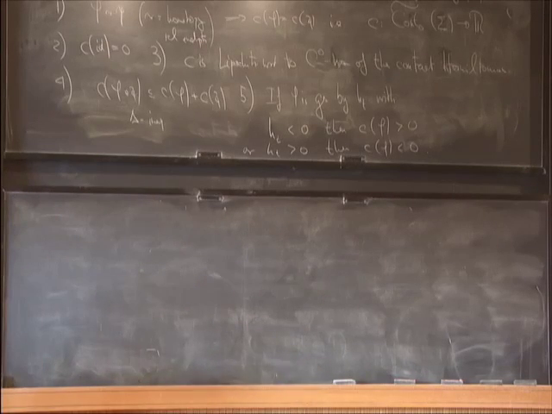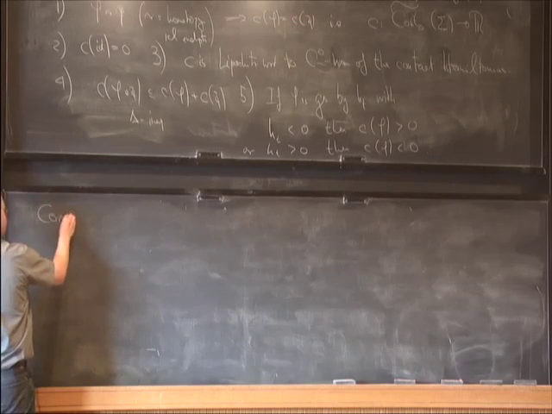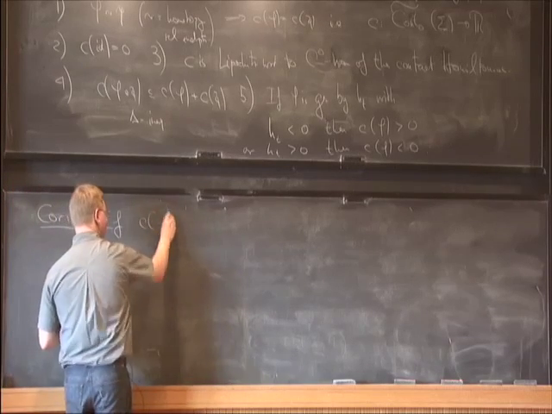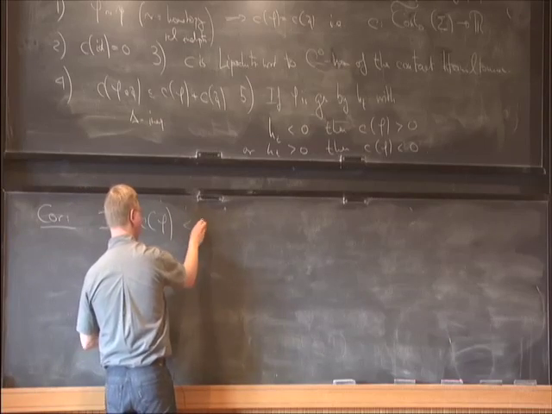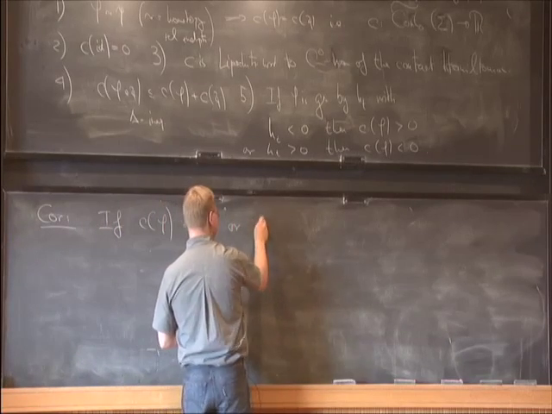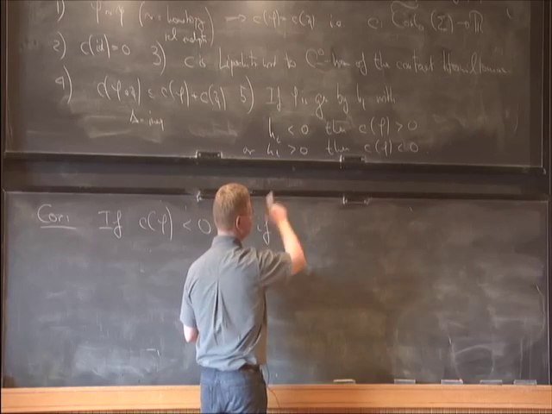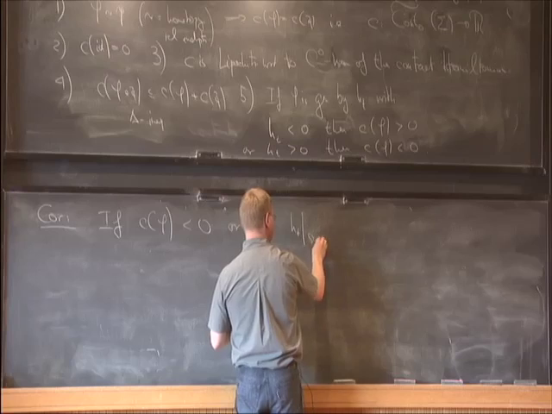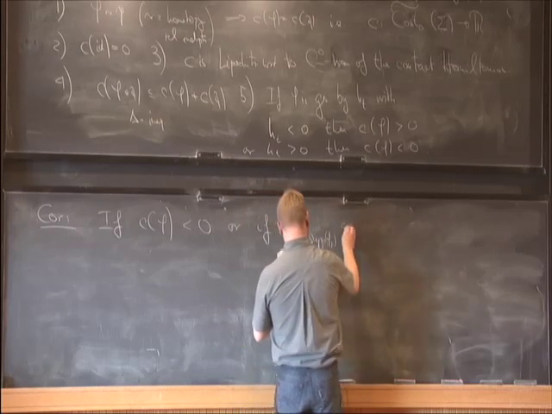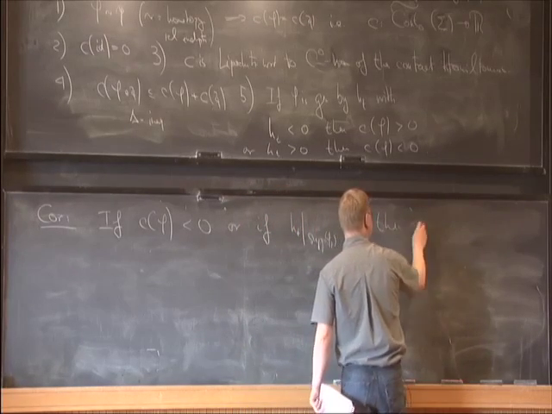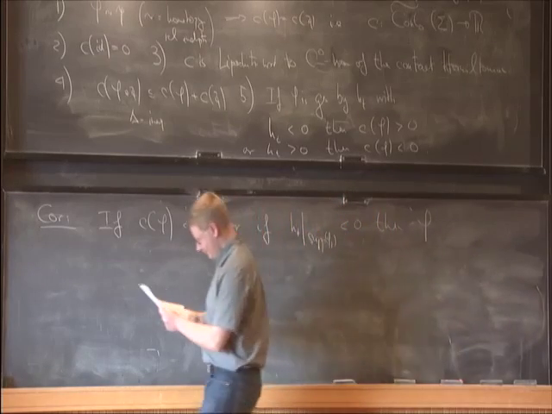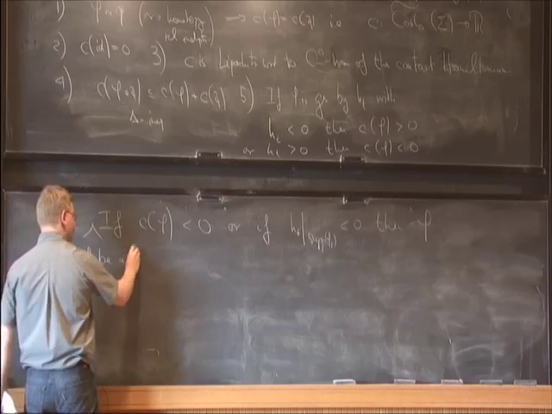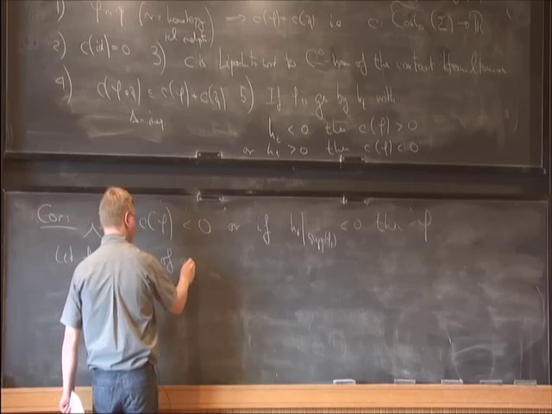What's next? Here's another little corollary you can deduce. Let phi be a loop of contactomorphisms.